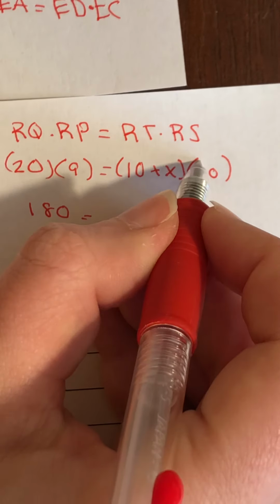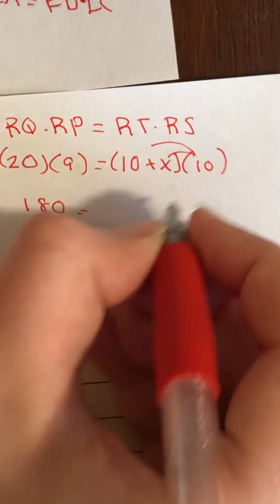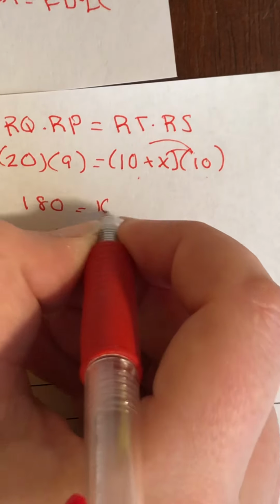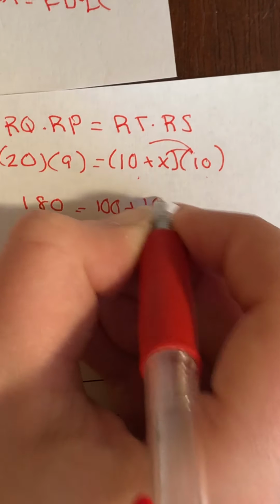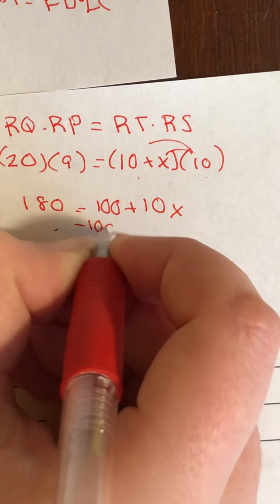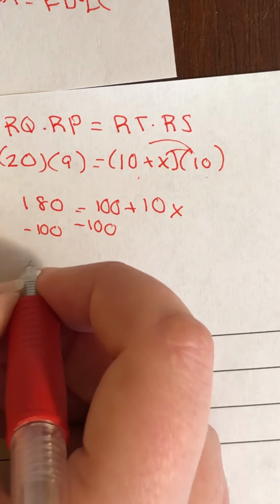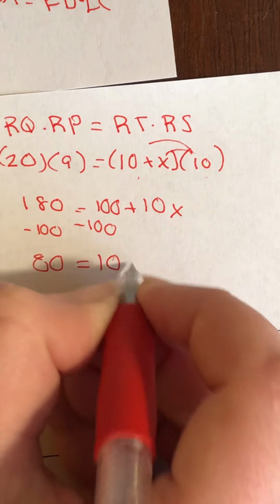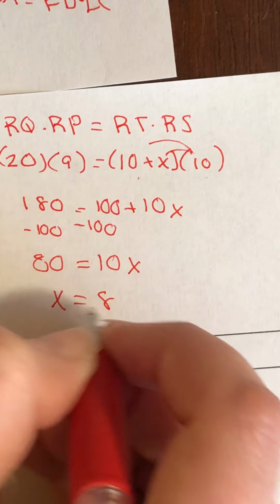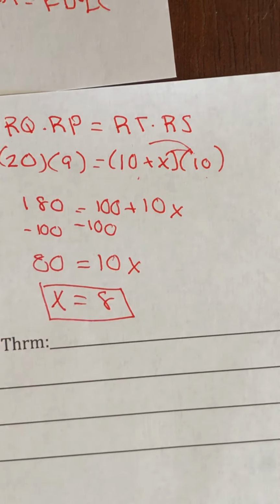And here I want to distribute that 10. So 10 times 10 is 100. 10 times X is 10X. Subtract 100 from both sides. I get 80 is 10X. So X is 8. And that's how we use that theorem.